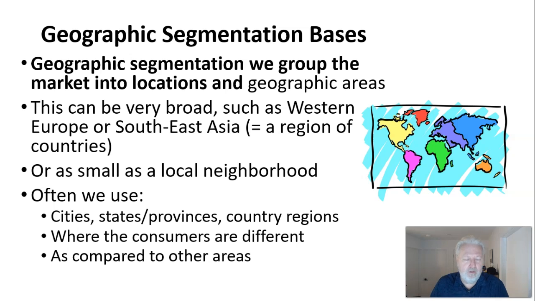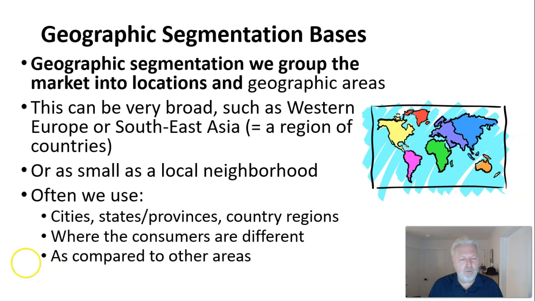So basically with geographic, we are using the location of where people live, or if they're businesses, where they're located. Geographics can be very broad. We could look at a region of countries, we could look at continents, or we can drill down to very small areas. So the scale of it has a lot of flexibility.